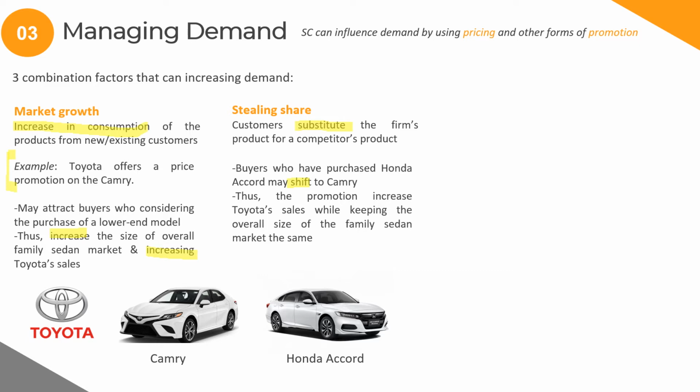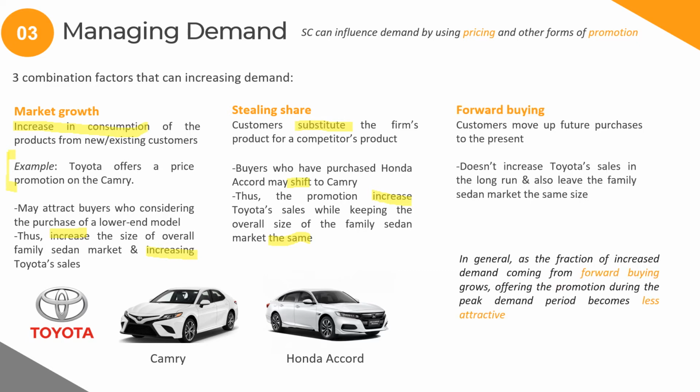Thus, the promotion increased Toyota's sales while keeping the overall size of the family sedan market the same. And then the third factor is forward buying, that is, the customers move up future purchases to the present.